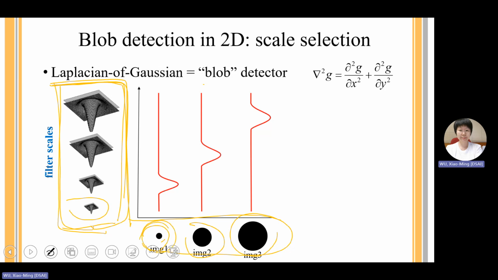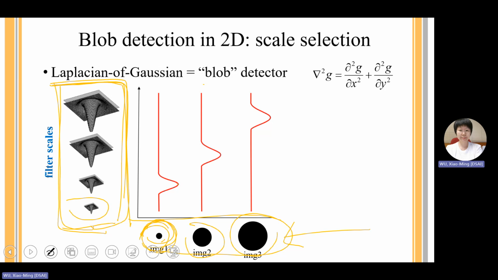You apply filters of varying sizes for blobs of different sizes. For each blob, the most suited filter will generate the largest response.